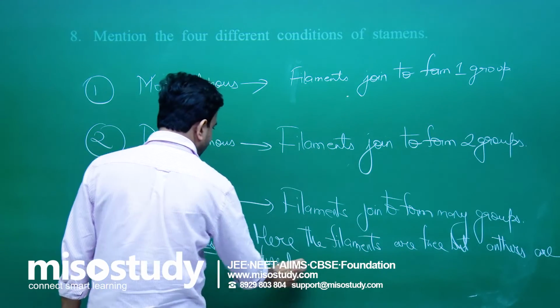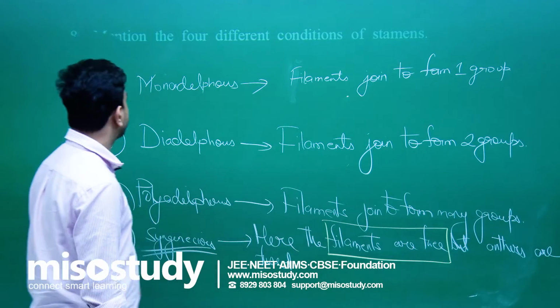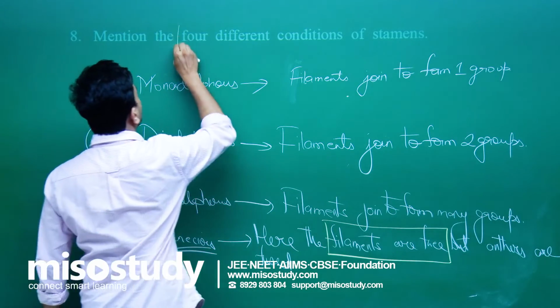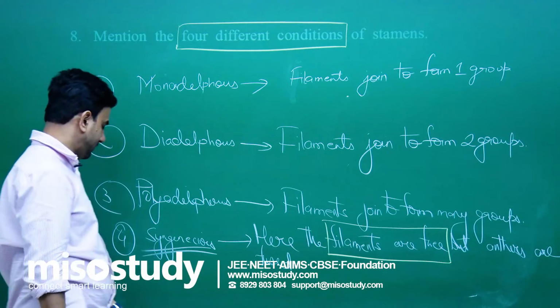Here filaments are free but the anthers are fused, and hence these are the four different conditions of the stamen.